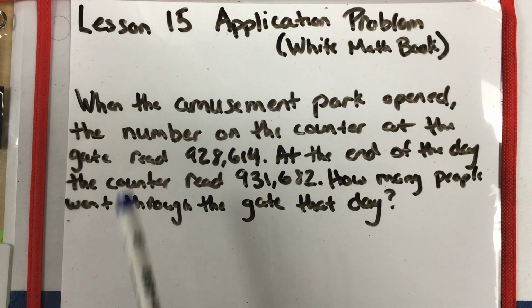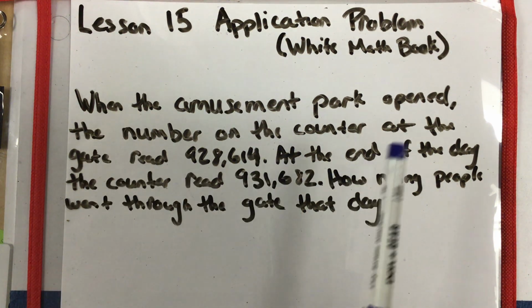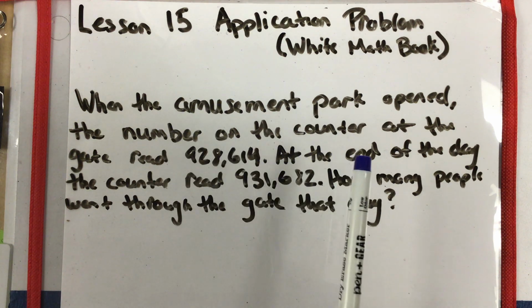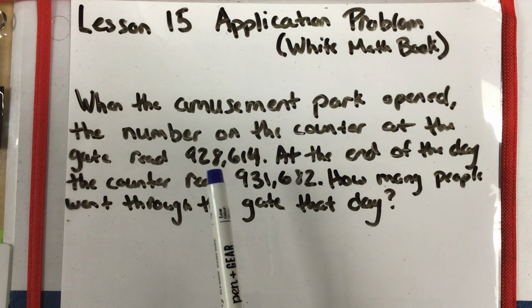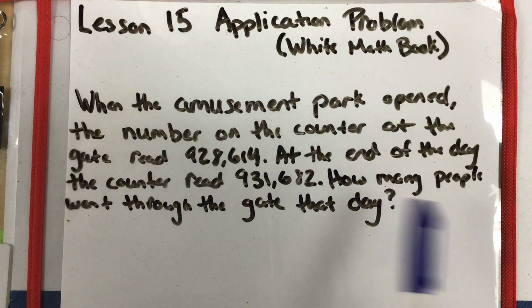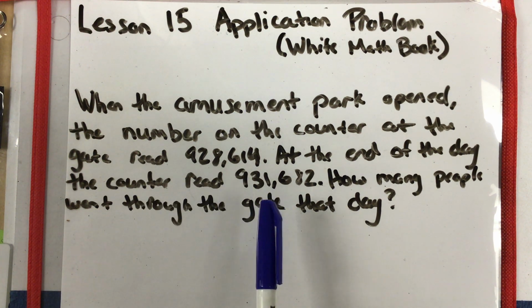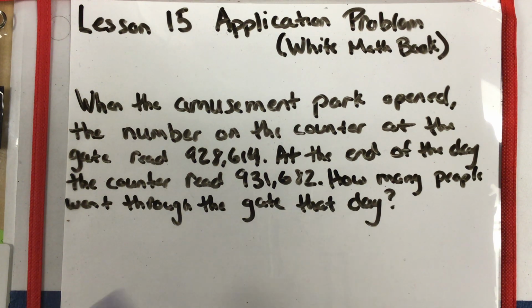Now, this problem says, when the amusement park opened, the number on the counter at the gate read 928,614. At the end of the day, the counter read 931,682. How many people went through the gate that day? Well, we know that there's a start time and a finish time.